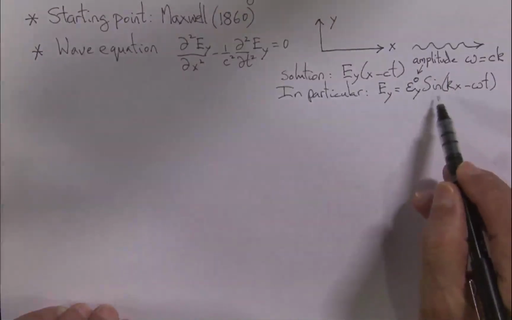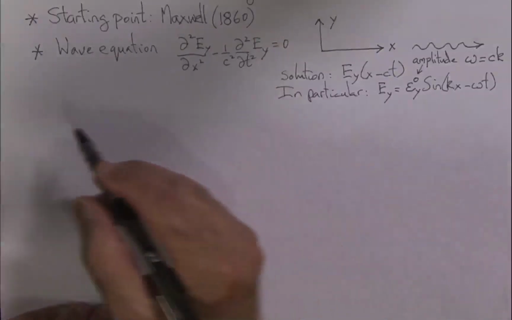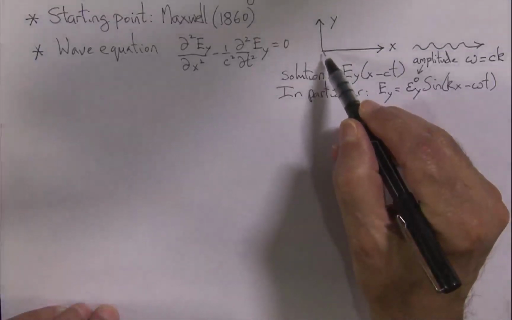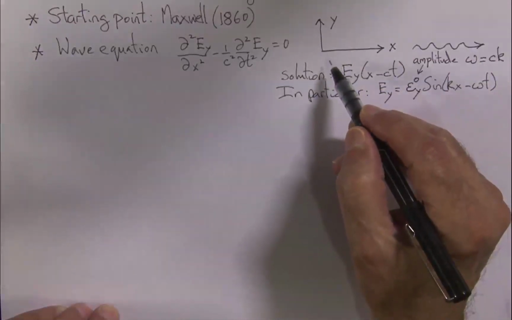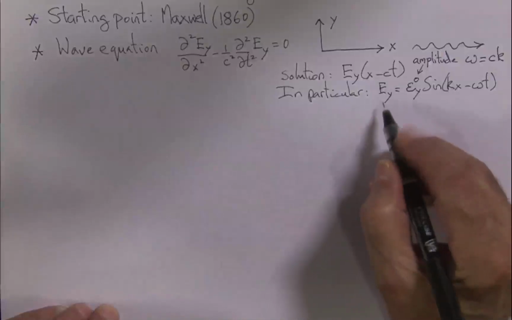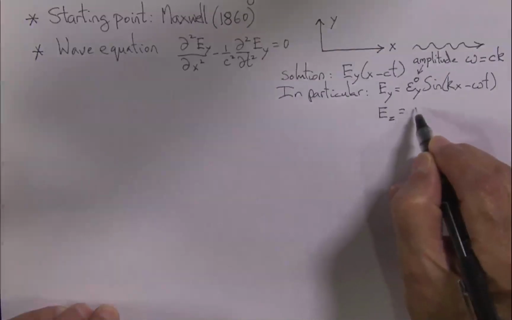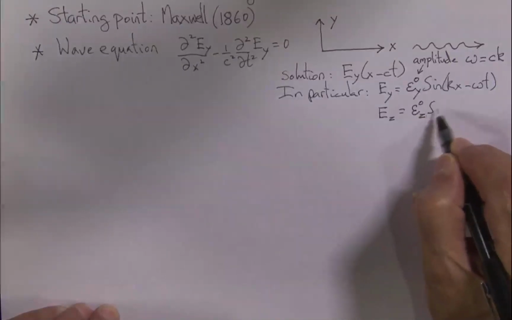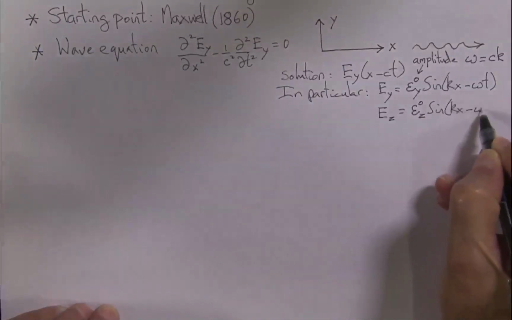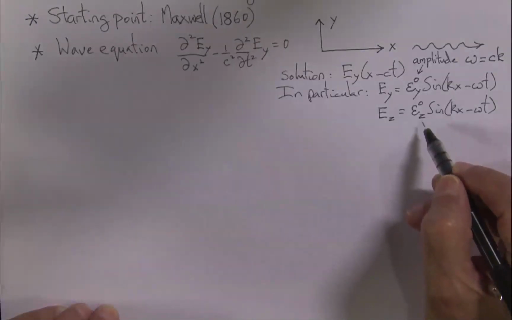So it could be this, it could be cosine of kx minus omega t, etc. Now, it could also be the case that the electric field doesn't point in the y direction, it could point in the z direction, in which case Ez would be a function of x and t, which is the amplitude Ez0 and either sine or cosine of kx minus omega t, actually both of them. And this would be the amplitude for the electric field in the z direction.